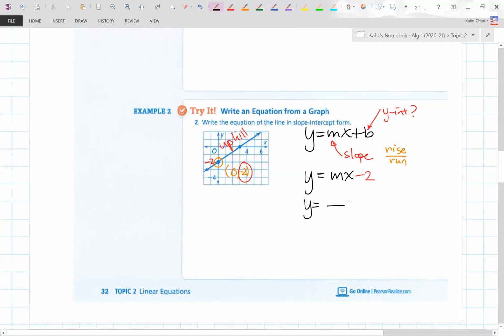Usually the slope is a fraction. All right, so eyeball the graph, and you see that there are a couple of points that they've highlighted for us already. We have this point on the y-axis, and this point right here is a great place to end up. How do I get to that second point from the point on the y-axis? Well, in the y direction, I have to go up.